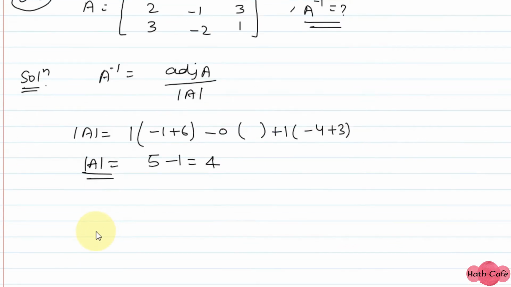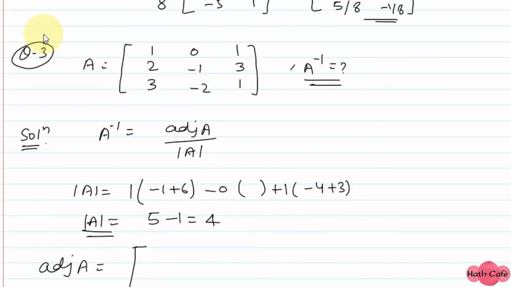So let's find adjoint of A corresponding to this matrix. We can easily find it. Corresponding to these elements, I get -1 plus 6, so that will be equal to +5.